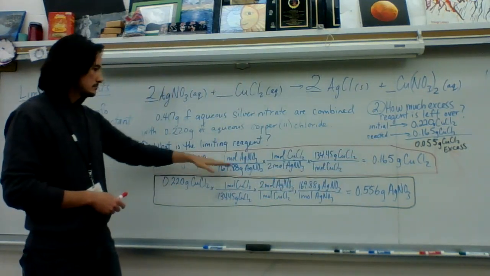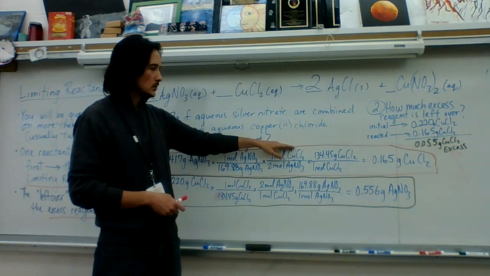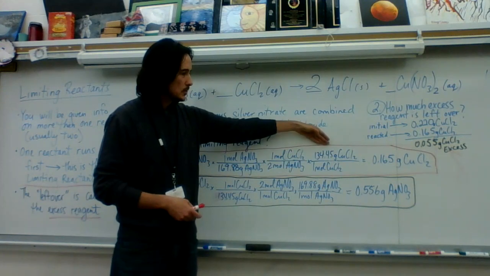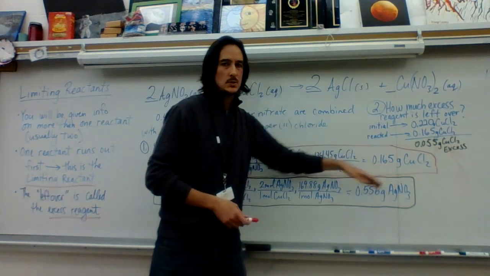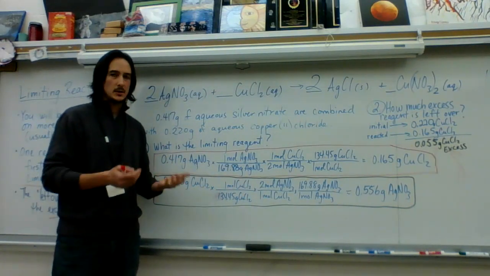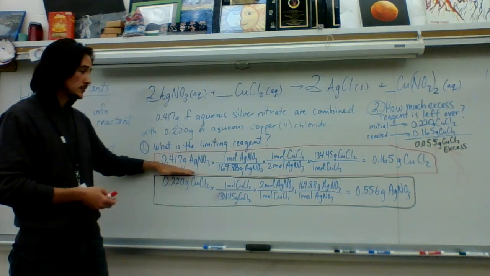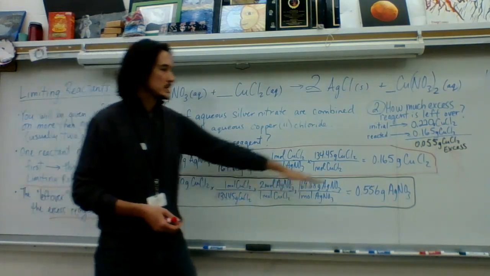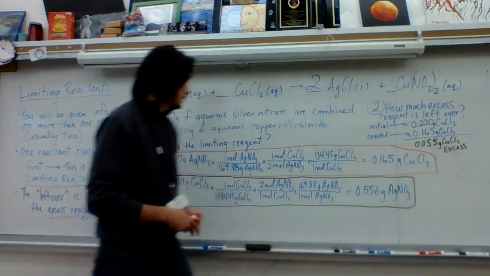So convert to moles of silver nitrate, then to moles of copper chloride, and now we use the molar mass and convert to grams, and we get 0.165. Anytime you do a calculation, make sure you're understanding what the numbers mean. This means 0.417 grams of silver nitrate will react with exactly 0.165 grams of copper 2 chloride.